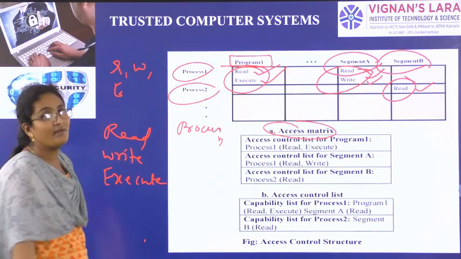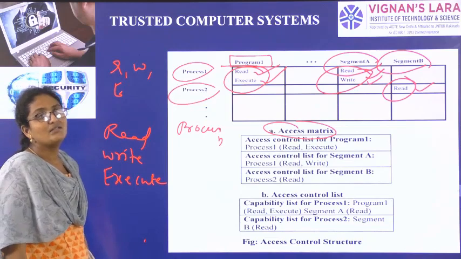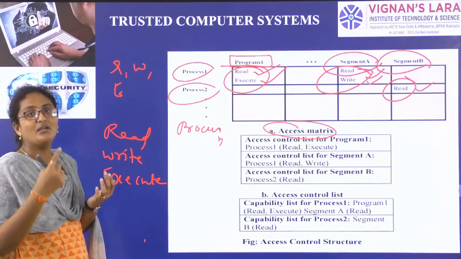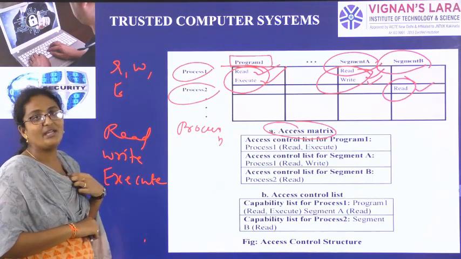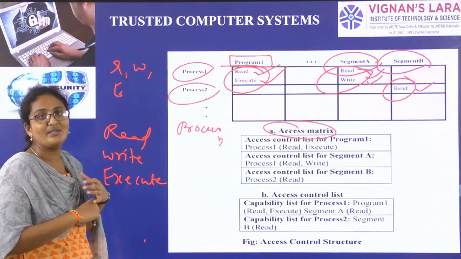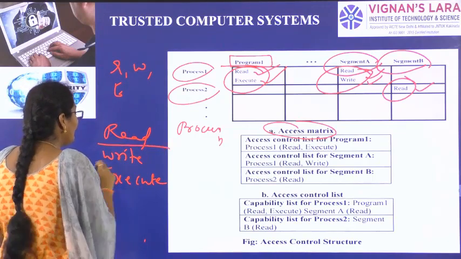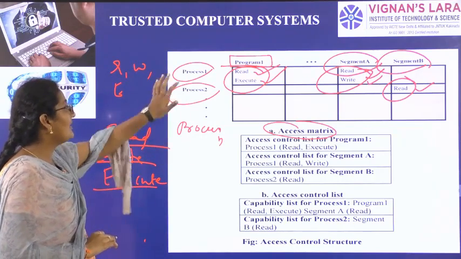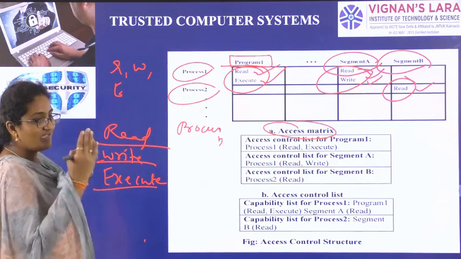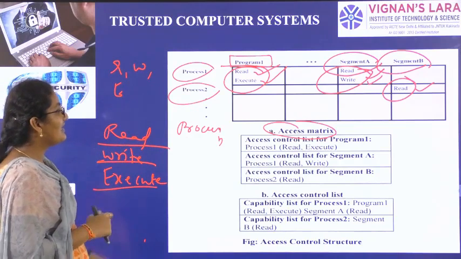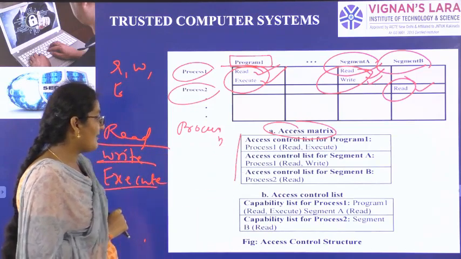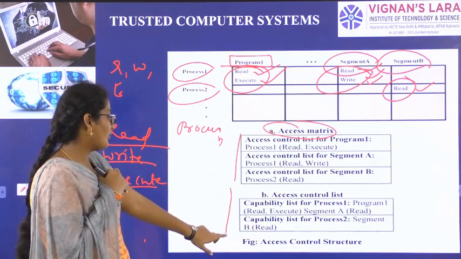So what are the three permissions we can give for the subject? Subject means people, object means information. The three permissions we can give for people are read, write, and execute. So we have processes or programs, and segment-wise we are giving read, write and execute permissions, and we are constructing an access matrix based on that, and an access control list.